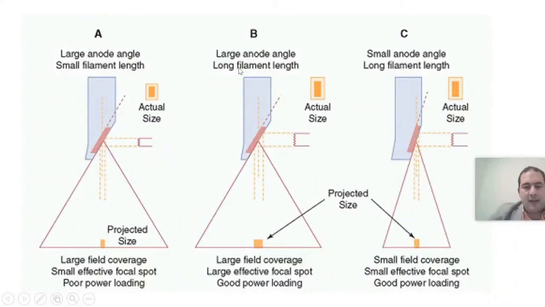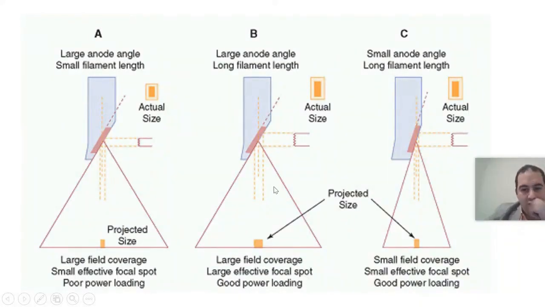Here I have three examples, for example A, B, C. In the first example, I have a short filament, and here I have a long filament. The same applies repeatedly with long filaments. Now, with regard to the anode, what happens when I change the anode angle?